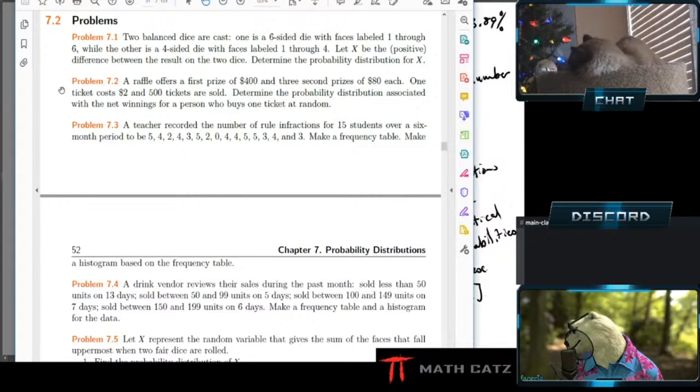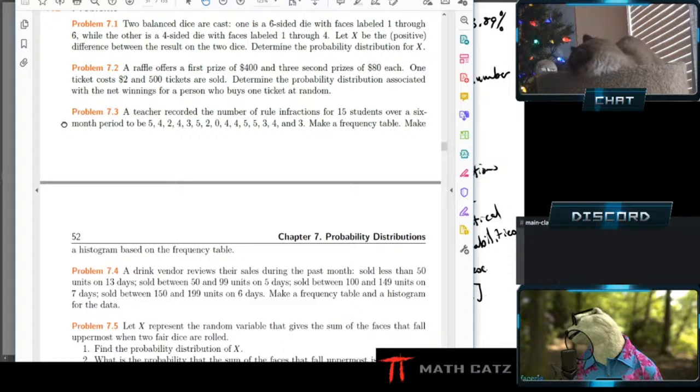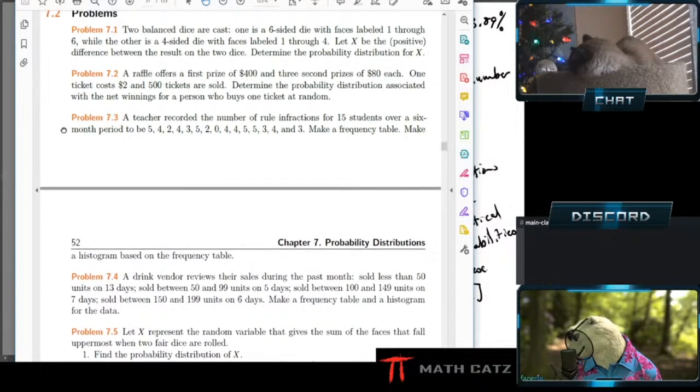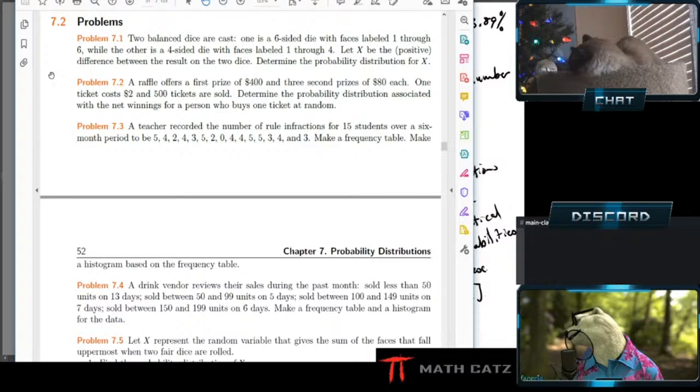7.1, 7.2. That's pretty much it. 7.1, 7.2. Theoretical probability distributions, actual expected value, some game of chance, some raffle questions. Those are good questions. I like them.